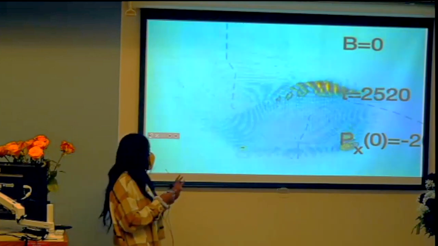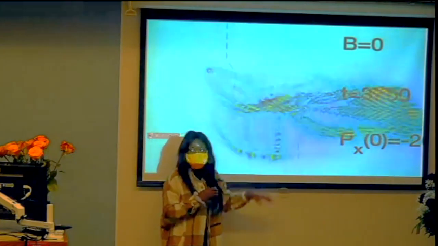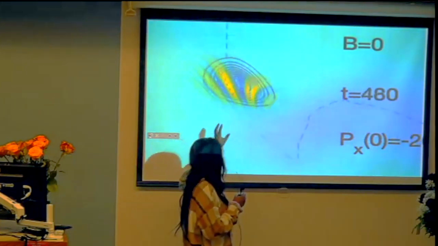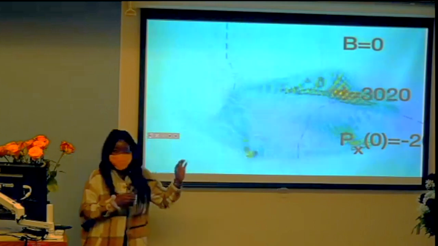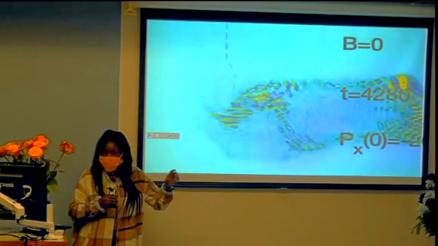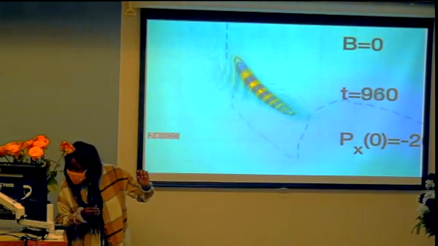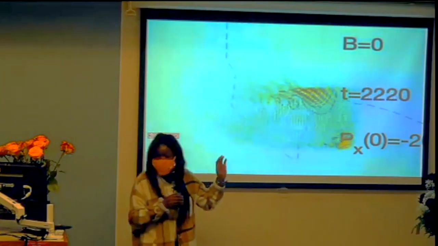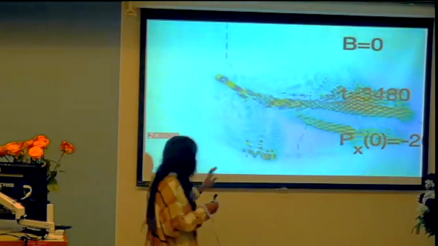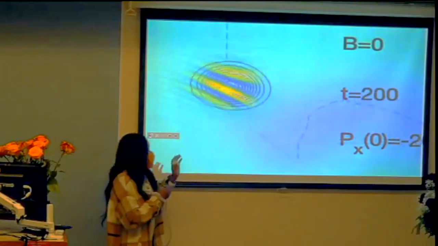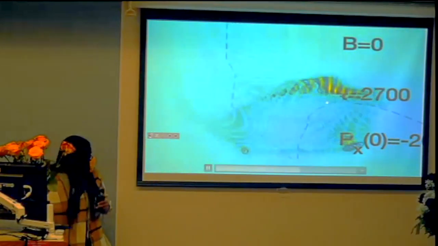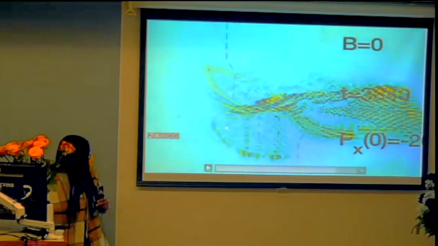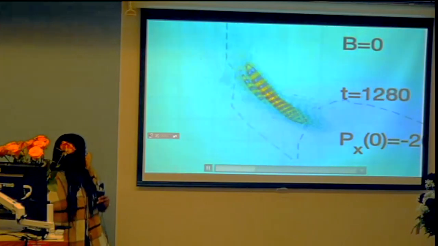In the video, I'll show the real part of the wave packet, and the blue color symbolizes the negative charge, and the orange or the yellow is the positive. I ignored the imaginary part of my wave packet.